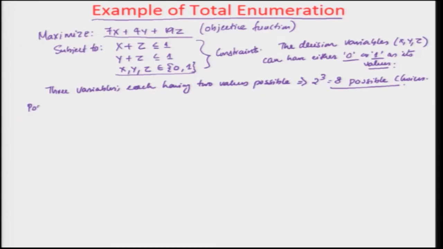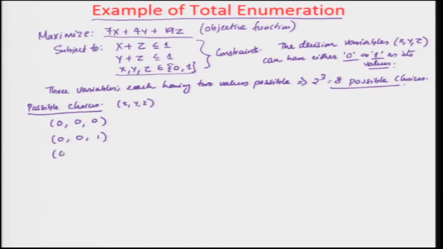The possible choices of (x, y, z): if you say 0 0 0, that is one possible choice, that means all the values are 0. Then the other possible choice is 0 0 1, so z takes the value of 1.